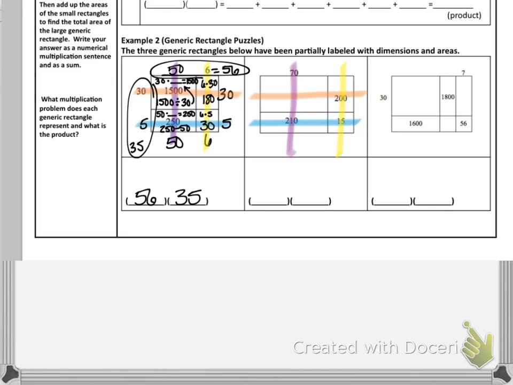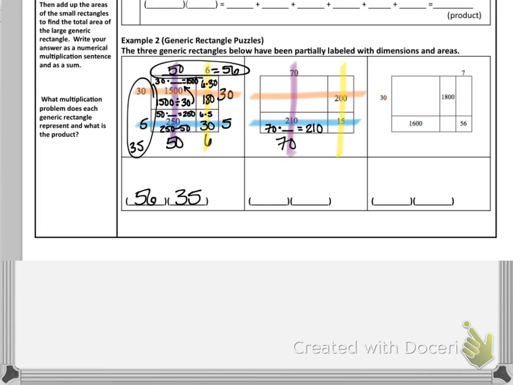The purple 70 at the top can also be transferred to the bottom. That's the only number I can transfer. Now in order to start this puzzle, I need to find where I have 2 pieces. The only place I have 2 values is down here in the left-hand corner. I know that 70 times something had to give me the 210.